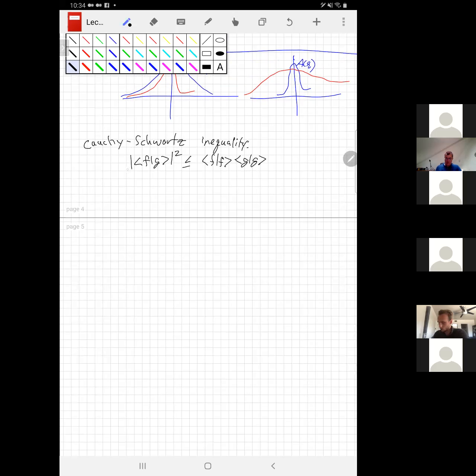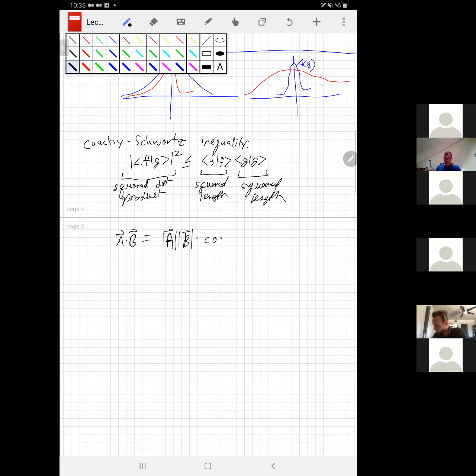Well, let's think about what these two sides mean. This is basically a squared dot product, because the inner product of two functions is just the higher dimensional generalization of the dot product of two vectors. And here's a squared length. And here's another squared length. Well, if we had two vectors, A dot B, we know that that's the length of A times the length of B times the cosine of the angle between them.